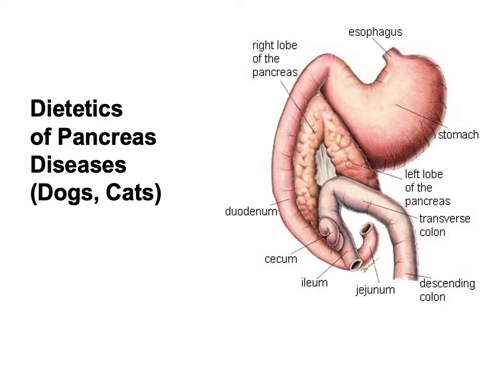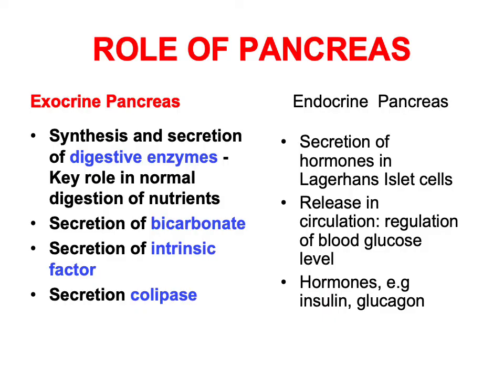We have to overview the role of the pancreas. We can classify the exocrine pancreatic and the endocrine pancreatic functions. First, we concentrate on the exocrine pancreatic functions. Later on, we will arrive at the endocrine functions.